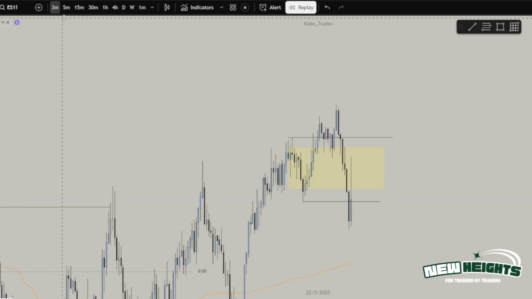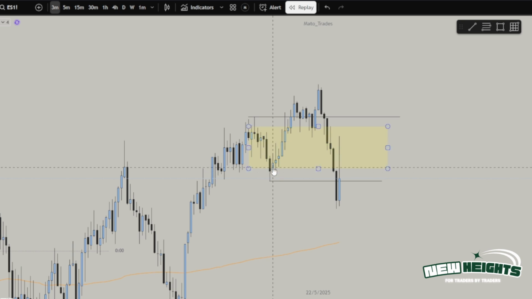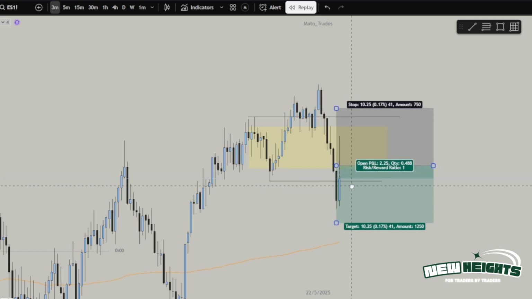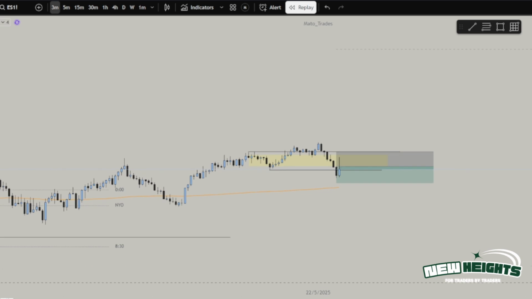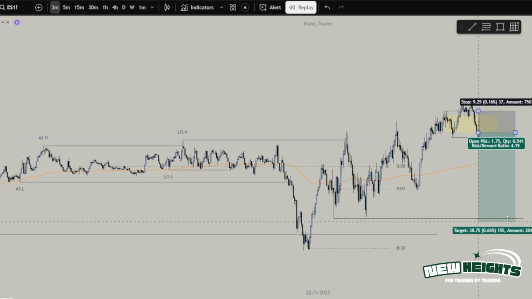We can go to 3-minute actually. Just kind of skip through it a little bit, but as you can see, we have this high, low, higher high, lower low, and then going from there, I'd look at my entry here, stops above the high here. I do have relatively equal lows down here, so I'm going to look for that as my TP.